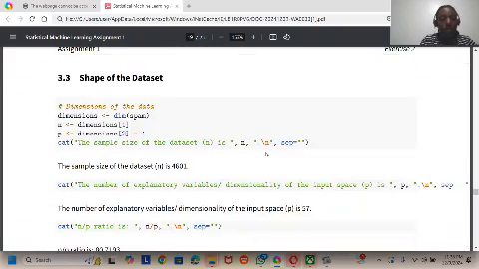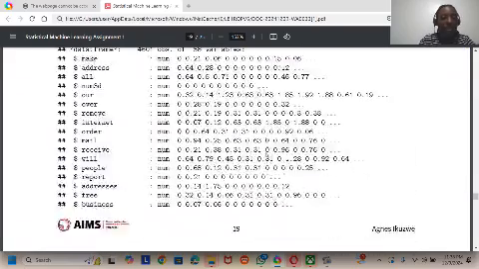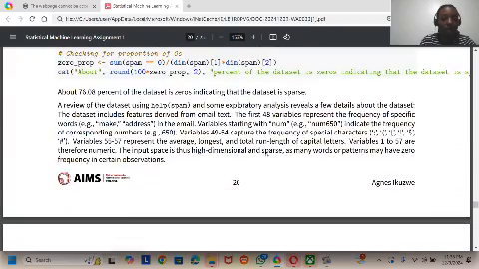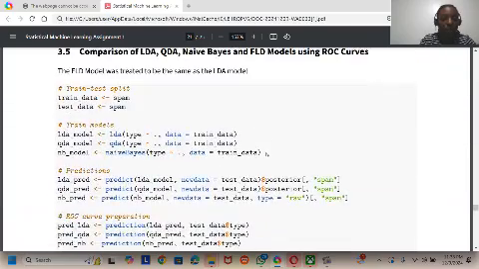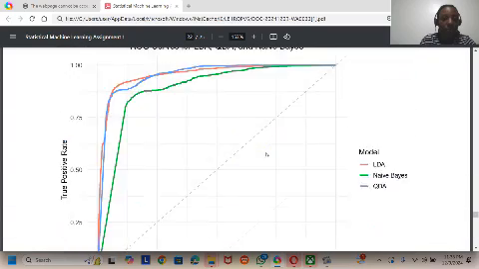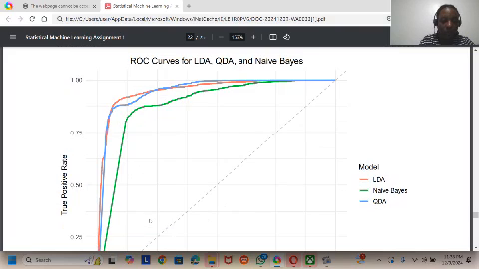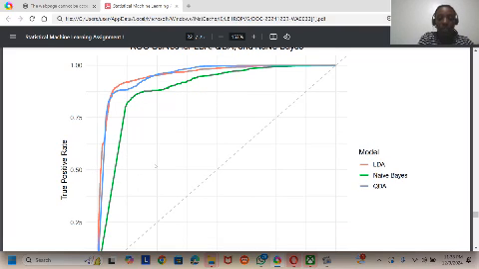I continued by looking at the shape of the dataset and also the types, where I compared the four models I have in this data. I have seen that the ROC curve shows that the QDA and LDA models have similar performance, with the curves almost overlapping and staying close to the top left corner, which indicates good class discrimination.